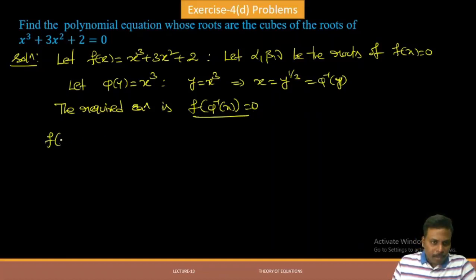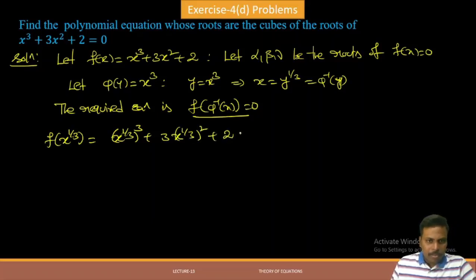f of x to the power 1 by 3, that is, x to the power 1 by 3 whole cube plus 3 x to the power 1 by 3 whole square plus 2 is equal to 0.